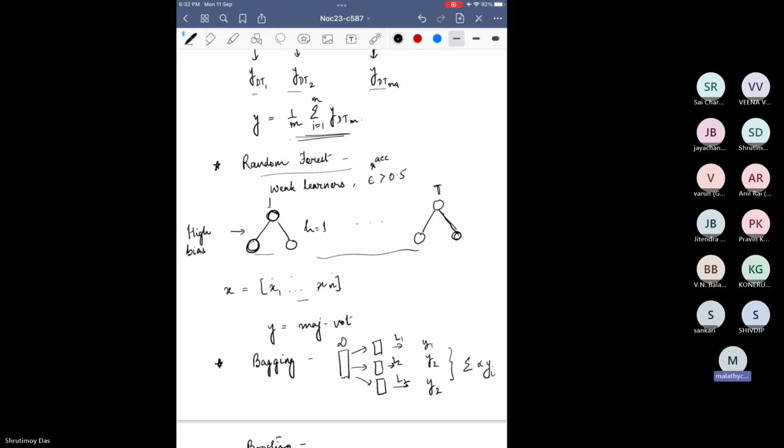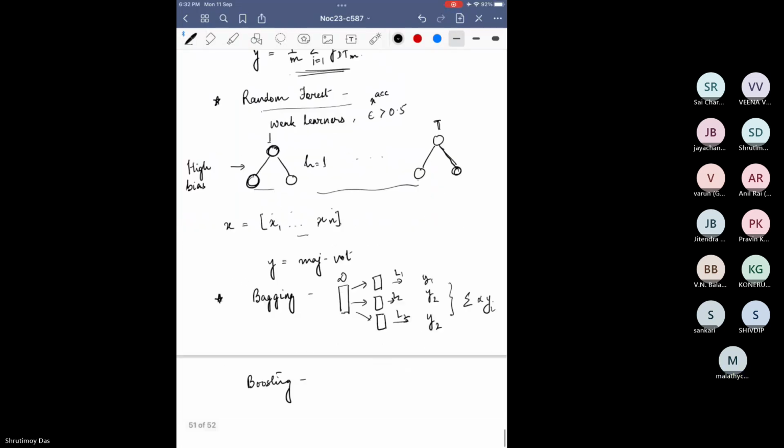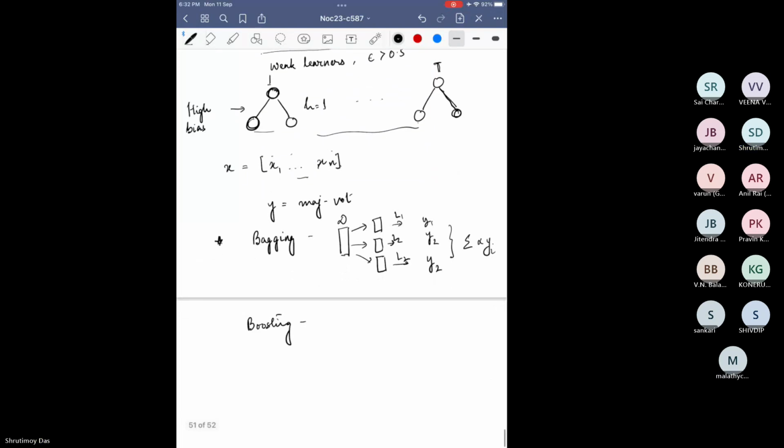Once we have three weak learners, for example, and we combine them, what will be the accuracy? Is there any calculation for that? Actually, there are three weak learners, and for each learner the accuracy is different.